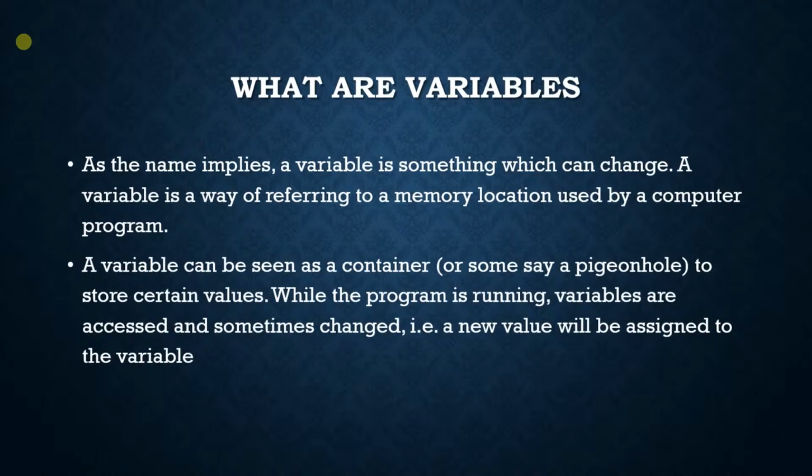Variables can be assumed as a container, that means it can store something. And the best part about variables is that its value can be changed during the program. It can be accessed anytime and its values can be changed.